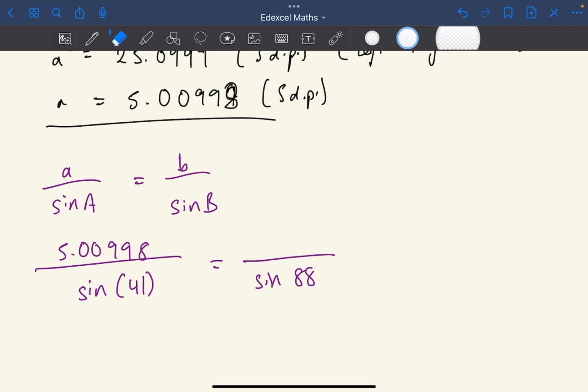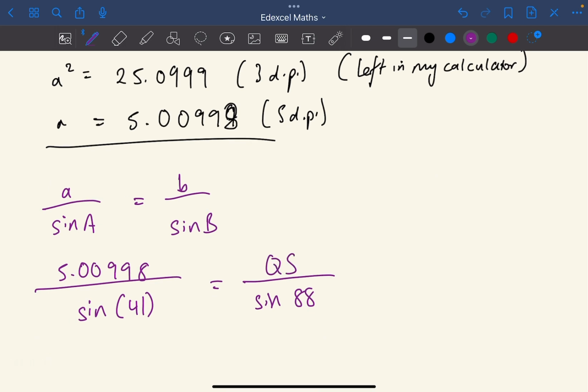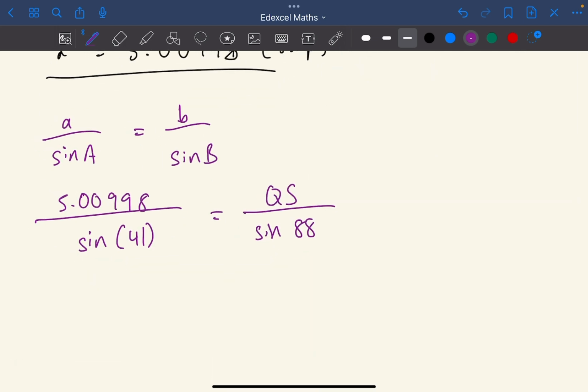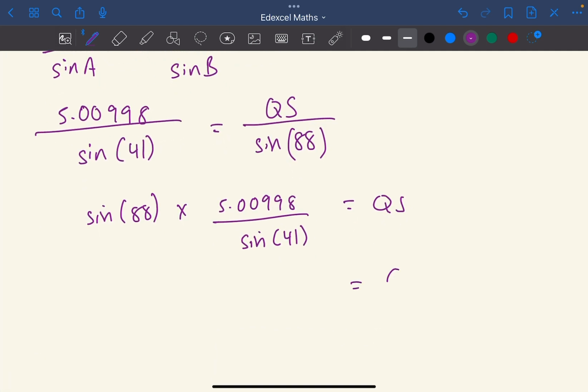Or actually, to keep it accurate, B is QS. So we rearrange that to say sine 88 times 5.00998 all over sine 41 is equal to QS. So our QS is equal to, just plug it in the calculator, 5.00998 over sine 41 times sine 88.